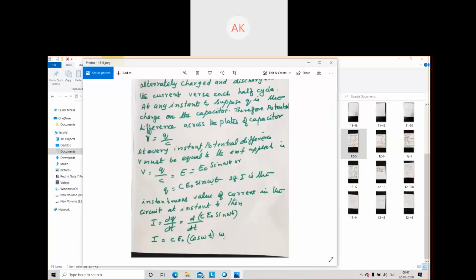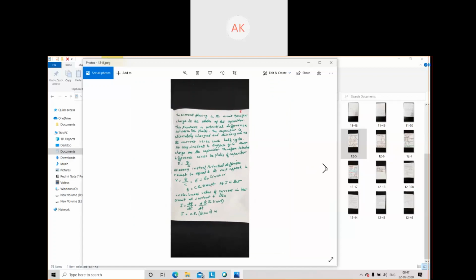In the next step, we are writing E0 by 1 by C omega, because we have to find the equation for current.